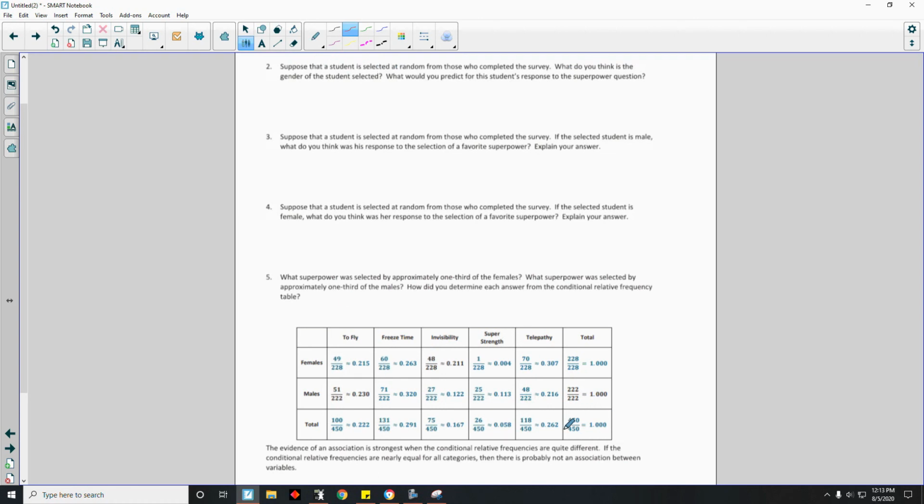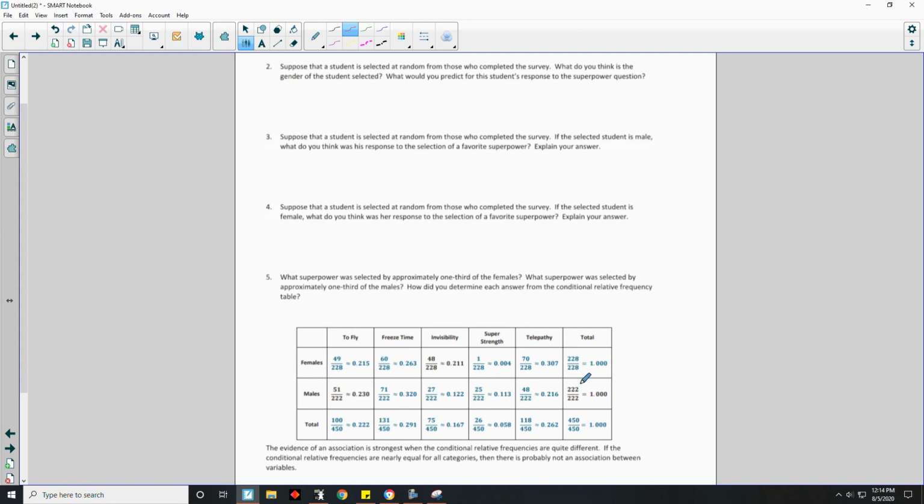So we have 450 people, 222 males, 228 females. So if we were just to select any person out of this list of 450 at random, and you want to know which it would be, they're really too close to say that anyone was favored over the other. If this was 400 females and 50 males, then you would say, well, it's probably going to be a female because there's way more.